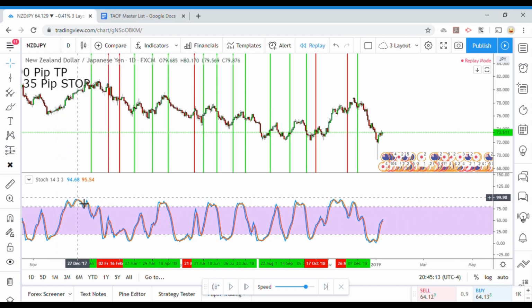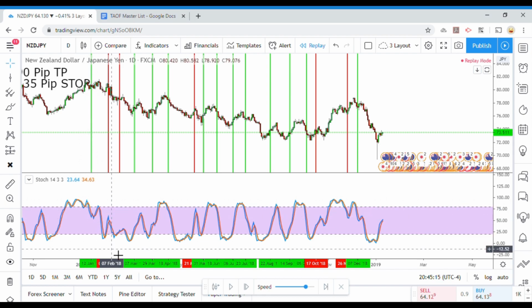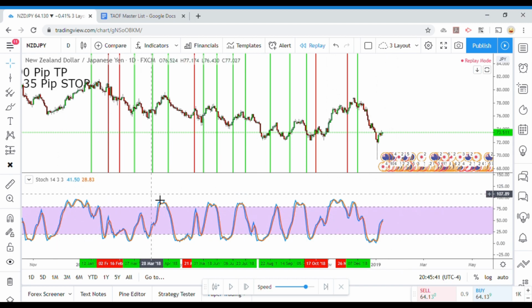So the way the stochastic really swings up into overbought and then down into oversold and then back up into overbought and then down into oversold, you don't see a whole lot of hovering right in the middle. That slightly worries me. With my system, the choppy areas hover in between the buy and the sell signal line.